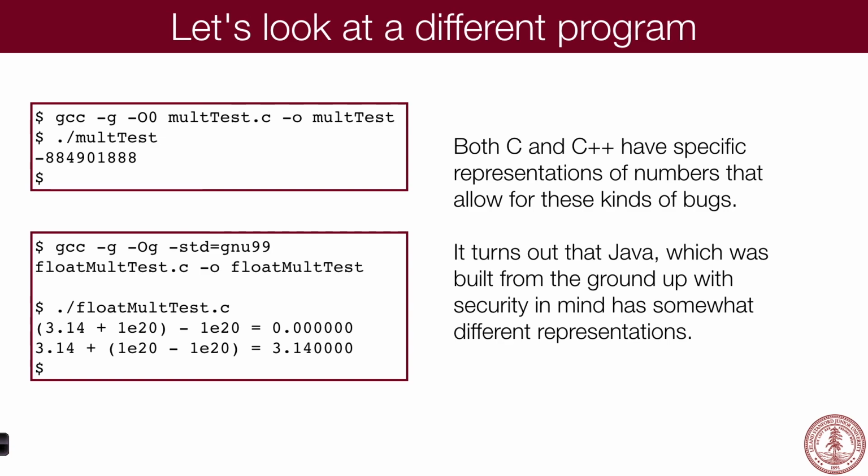Both C and C++ have specific representations that allow for these sorts of things. When you do your math, the compiler is not going to check it, and the runtime is not going to check it. In Java, you actually crash the program when these things happen, generally. When you overflow, it goes, I'm sorry, we're going to crash the program because you need to worry about that.